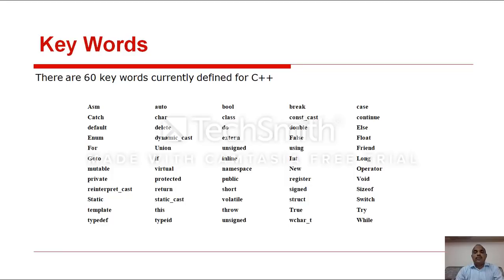Continue. We want to continue the same block using continue statement. Already we learned in C++. Default. So default we can use in switch statement. Next, delete operator. We know memory allocation functions in C language: malloc, calloc, realloc, free. malloc, calloc are used to allocate the memory to a pointer variable.